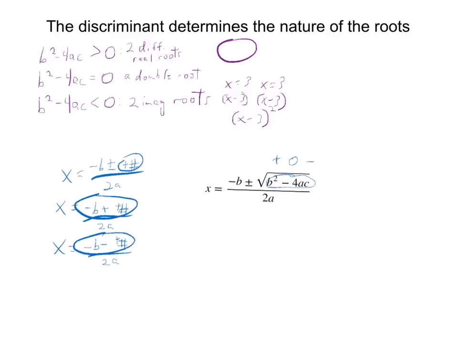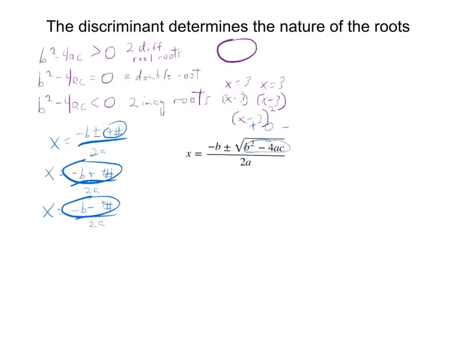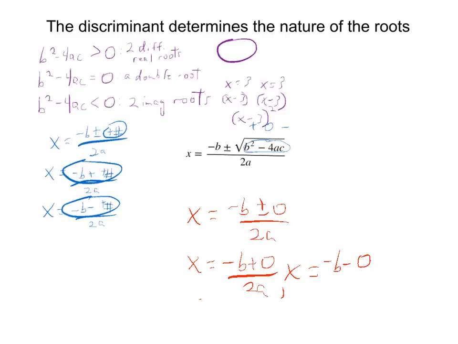All right, well, what if that value is 0? If it's 0, that means I have x equals negative b plus or minus 0 over 2a, which means I have x equals negative b plus 0 over 2a, and x equals negative b minus 0 over 2a. Well, if I'm adding and subtracting 0, that doesn't change my number.